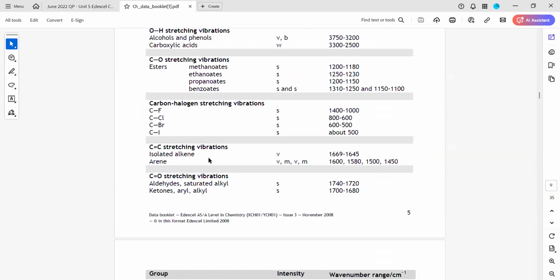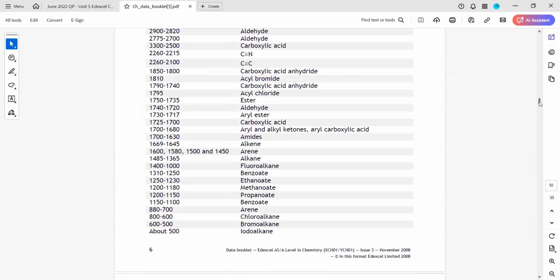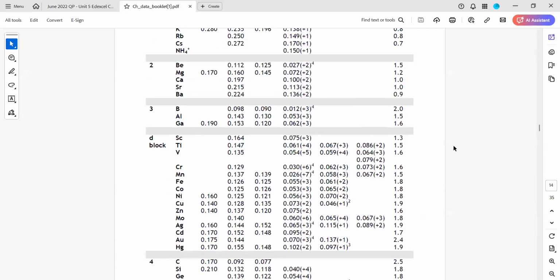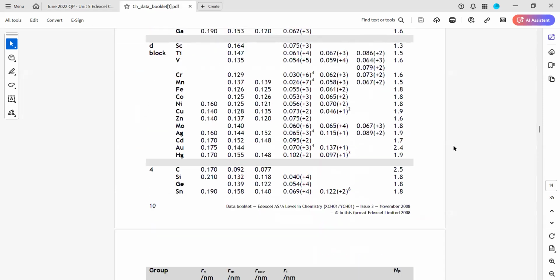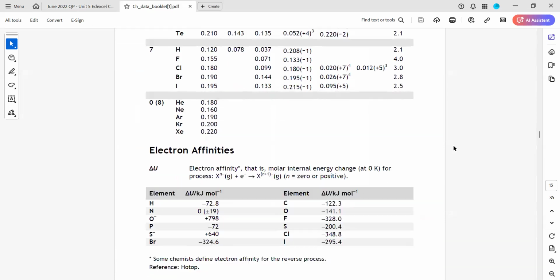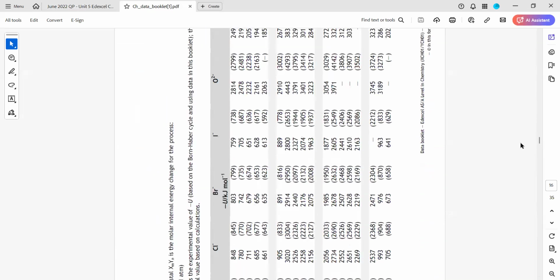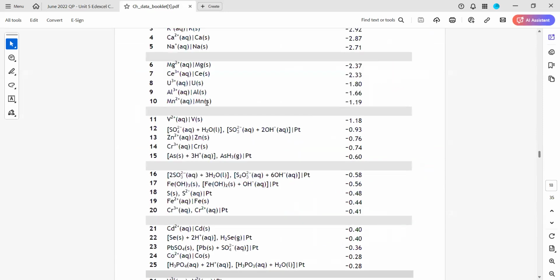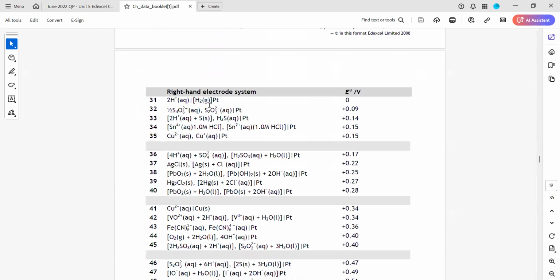This looks the same. Oh, page 5 is this. Page 10. Okay, this is page 10, but on page 10 affinities are given. So I have to use this.